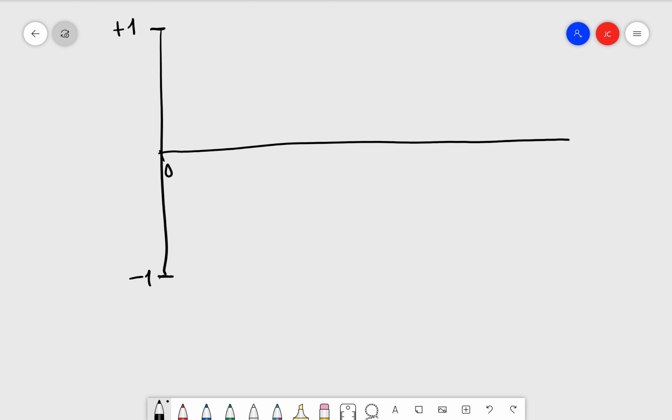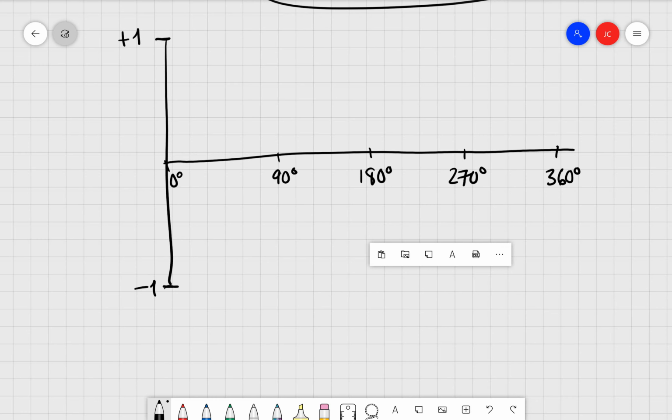This is going to be 0 degrees, this is going to be 90 degrees, this is going to be 180 degrees. I'm just going up in increments of 90 to 270 degrees, 360 degrees. And that's one full turn around a circle, 0 degrees all the way to 360. And so that's more than enough for what we need it for.